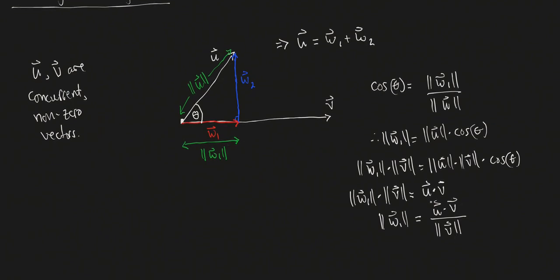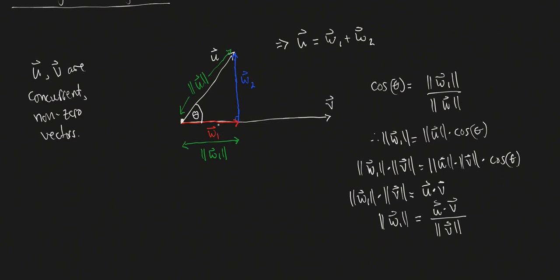Since I know the length of the vector, and I know the direction in which it points, all I would have to do is find a unit vector in the direction in which v is pointing. Then if I multiplied that unit vector by its length, I would get the components of w1.